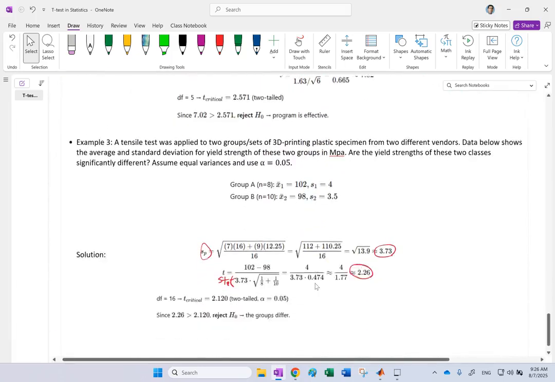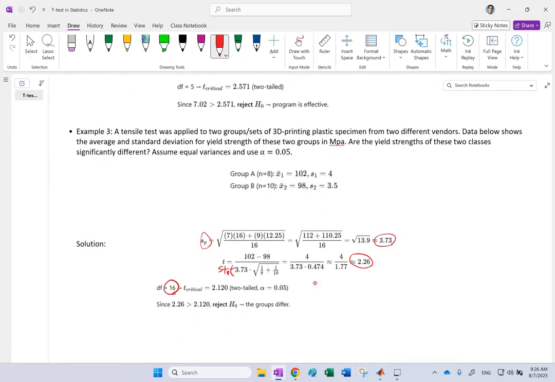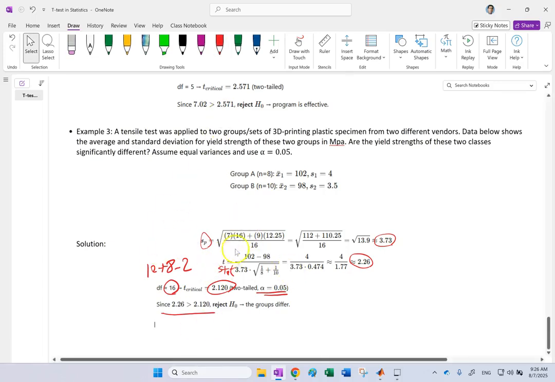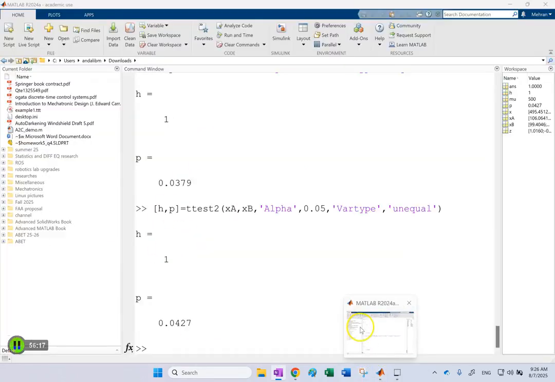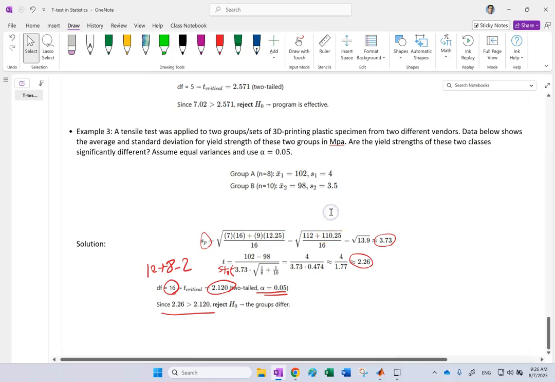So 10 plus 8 minus 2, that's 16. And if we go with that 16 and with alpha of 0.05, you will get a 2.12 from the table, but your T-stat is bigger than that, 2.26. So of course you have to reject it. So clearly you can see whether you do it here or in MATLAB, both of them will reject the null hypothesis.